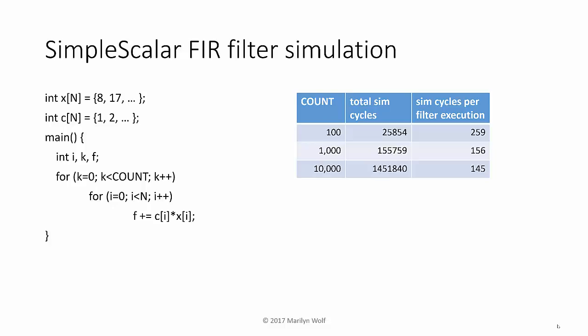So you can see in the table that we've run the FIR filter for different numbers of iterations. As the count of the number of runs of the simulator increases, the apparent execution time of the FIR filter decreases. That's because we're amortizing that overhead over more executions of the FIR filter.